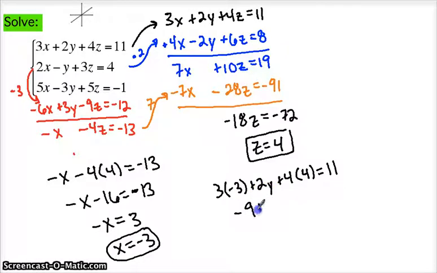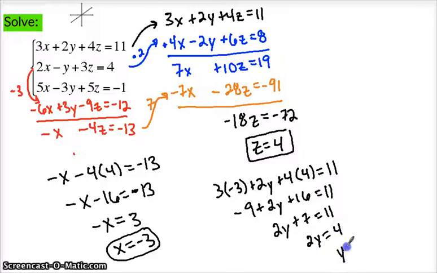And actually, if you try it in more than one, or you go back and check your answer afterward using a different equation, you should be able to get the same answers. -9 plus 16 is 7. Subtract that over, and y equals 2.